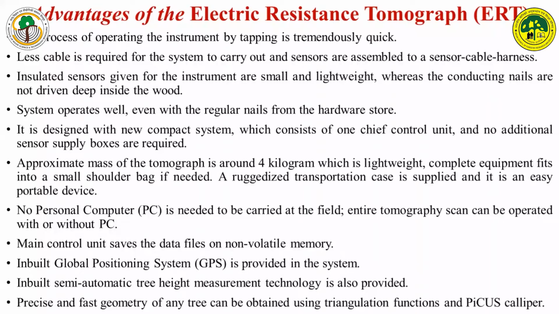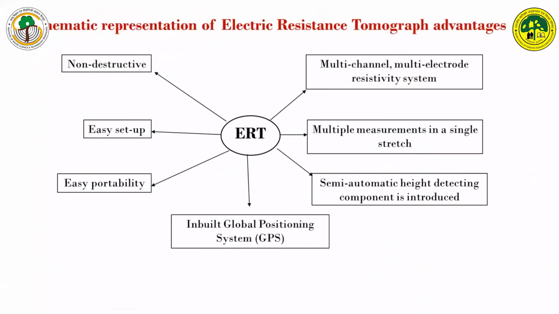This is a big advantage. In general, the schematic representation of advantages is: it is non-destructive, easy to set up, very portable, a multi-channel electroresistive system, multiple measurements in a single stretch, a semi-automatic height detecting component is introduced, and GPS is also there in the system.